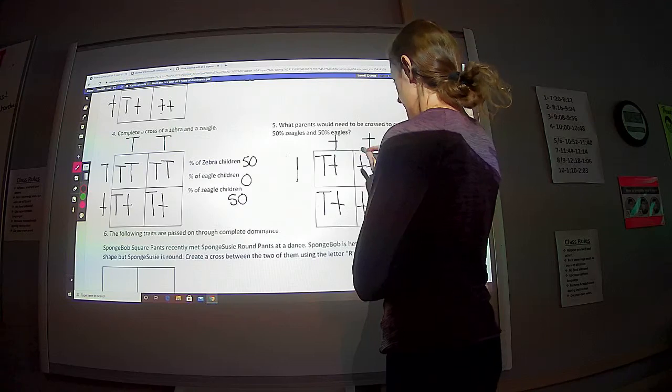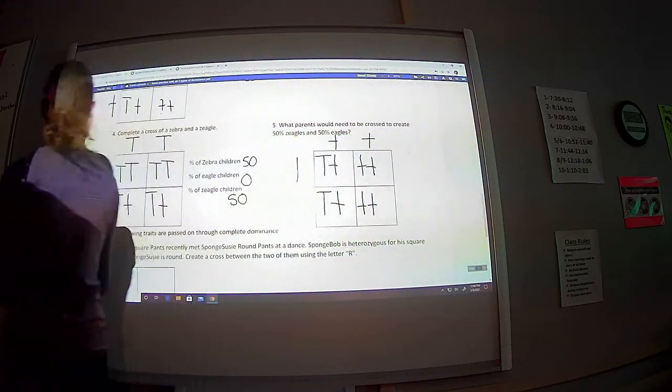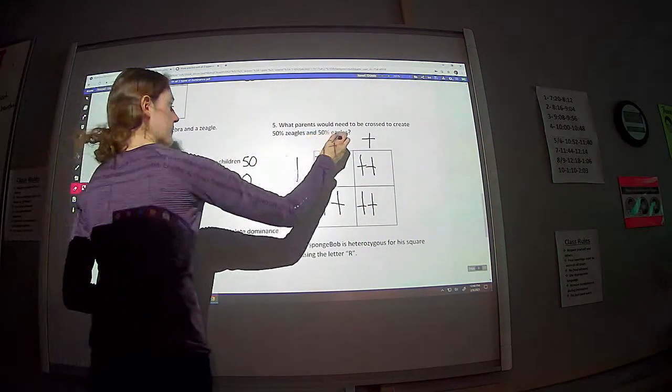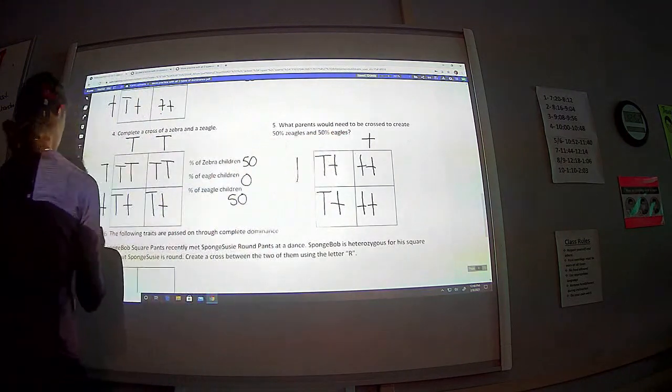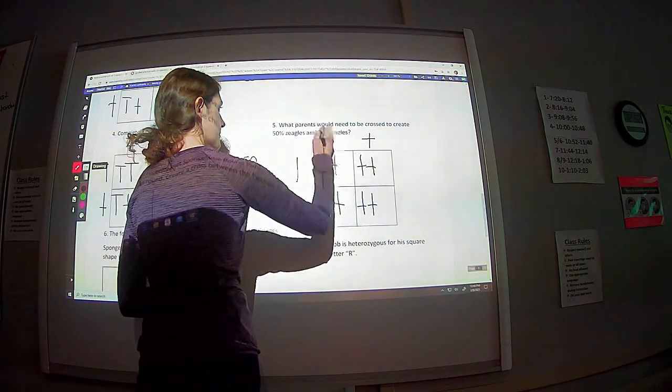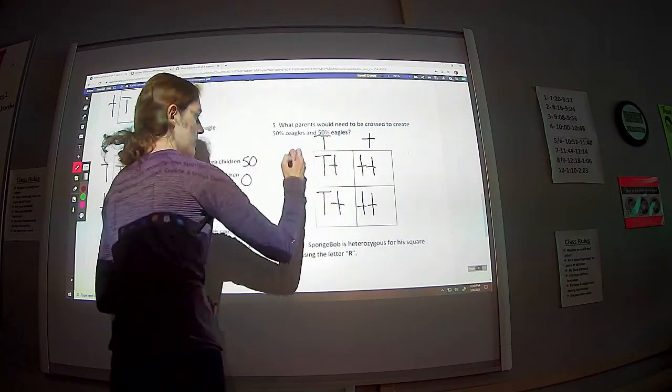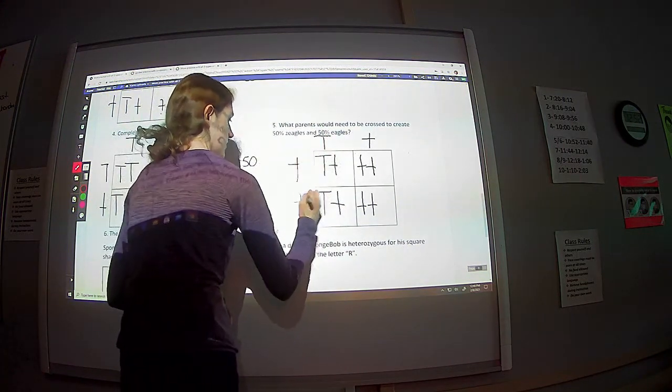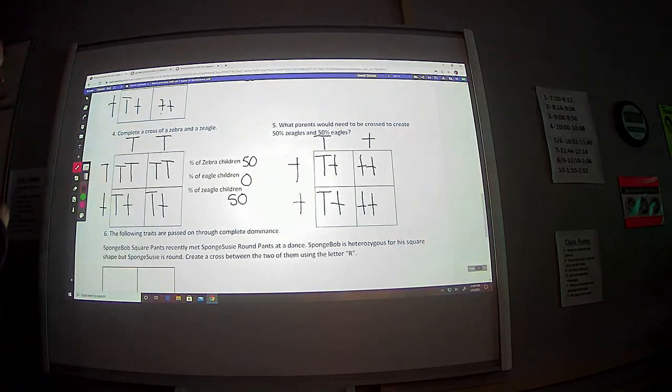Can't move up that little t. That wouldn't work out right. That would mean that I would have had to pull up this big T because the big T was dropped down. So that would mean that those ones are moved over. So you would need to cross a zeegle with an eagle.